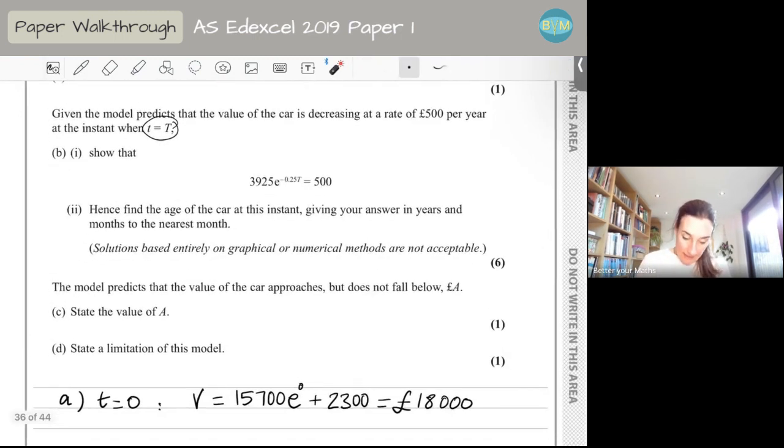Then, hence, find the age of the car at this instant, giving your answer in years and months to the nearest month. What they are asking us is to solve this equation. Can you try to solve it with me? We are going to leave the e to the power of something alone, so we are going to put the numbers on the other side.